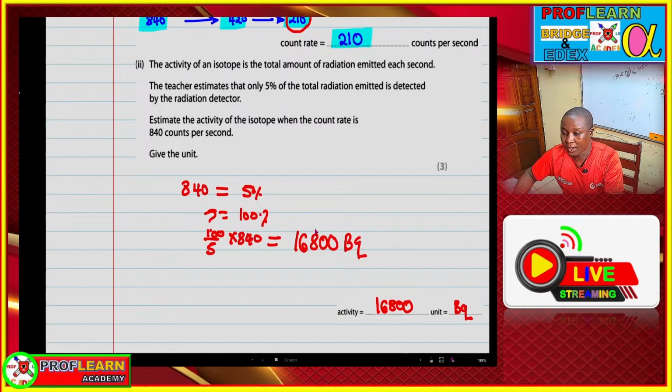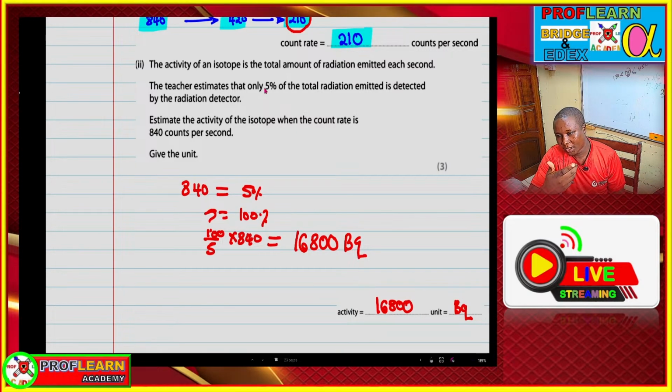Lastly, for part 2 of this tutorial, we look at the activity of the isotope. The activity of an isotope is the total amount of radiation emitted each second, but it's estimated that only 5% is detected. Remember, radiations are emitted randomly in all directions, and the detector is always in front of the radiation, so some radiations are not detected.